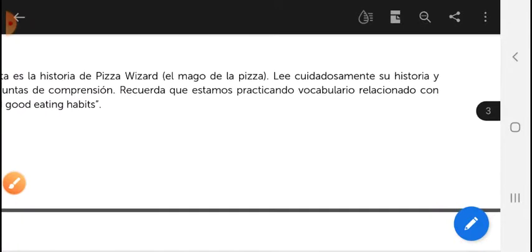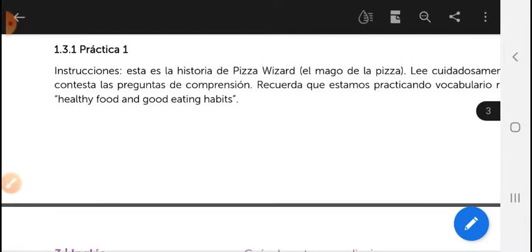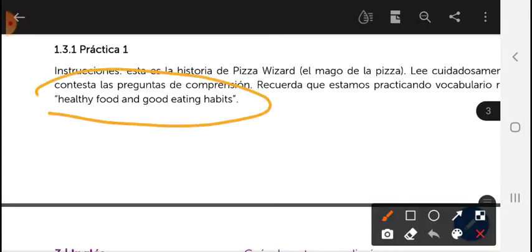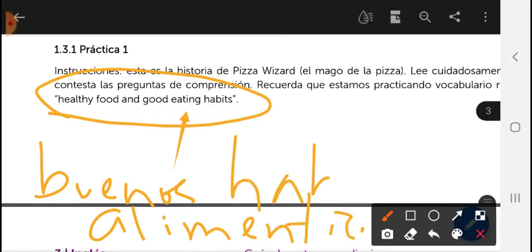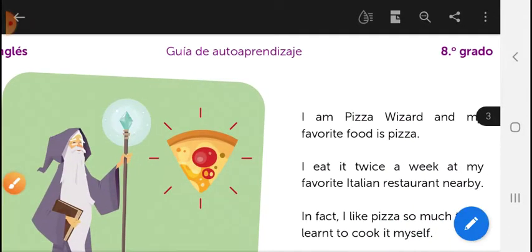Recuerda que estamos practicando vocabulario relacionado con healthy food and good eating habits. Good eating habits in Spanish means buenos hábitos alimenticios. Yes, good eating habits. So, let's continue.